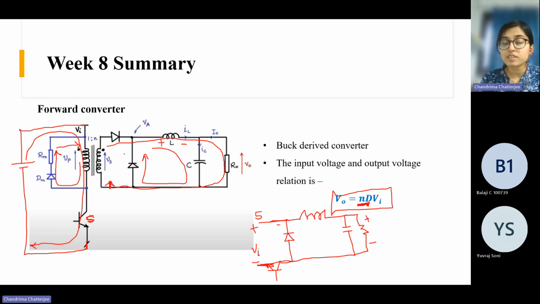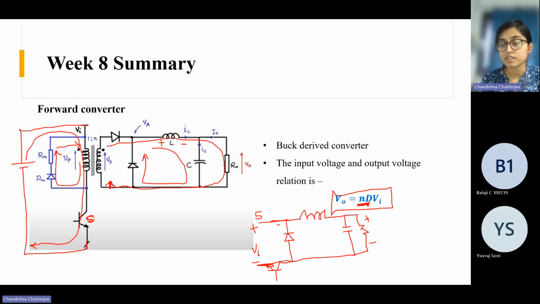For a transformer, there is a primary winding and a secondary winding. As long as you are maintaining the flux linkage the same, you don't need to worry about whether it needs to provide DC power or AC power.